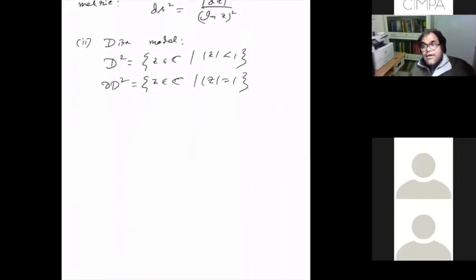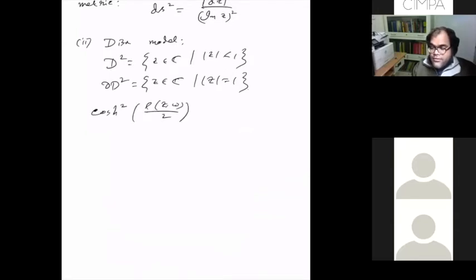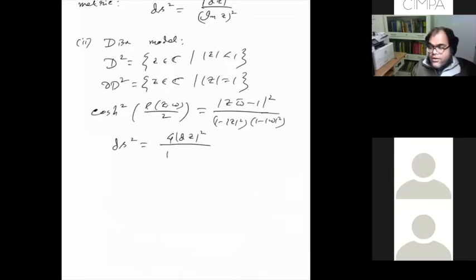All right, and the distance is given in terms of mod z minus w over 1 minus z w bar, and ds squared is 4 mod dz squared by 1 minus mod z squared, whole squared.